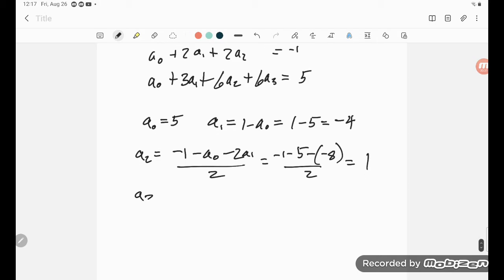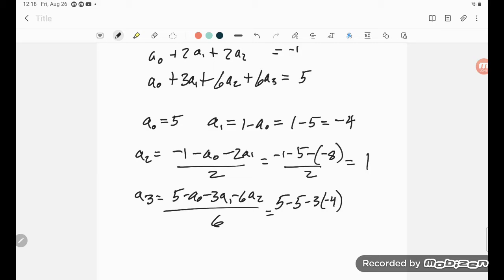And then a3 is equal to 5 minus a0 minus 3a1 minus 6a2, all divided by 6. And so that's 5 minus 5 minus, a1 is -4, so that's minus 3 times -4.